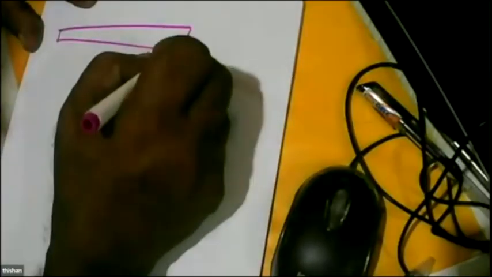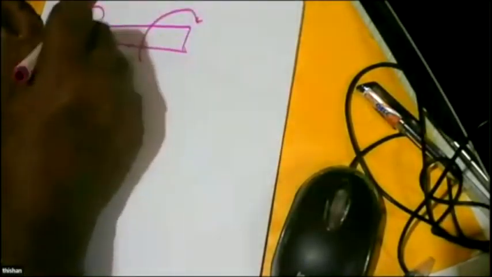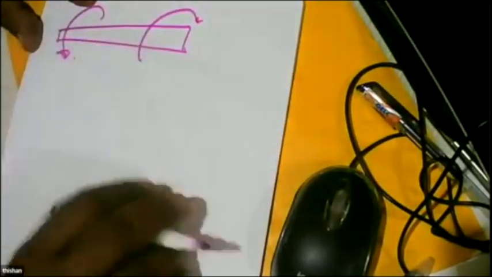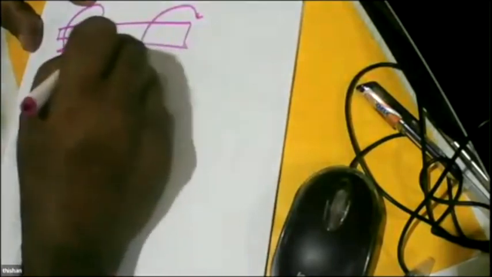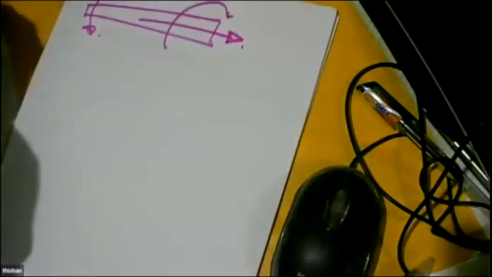Torsion is, we have a beam and we subject it to a moment like this. If you use the right-hand corkscrew rule, and the axis of the moment is this way, then you can get torsion.